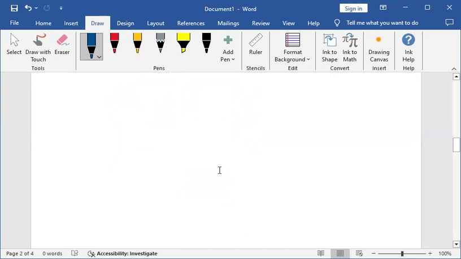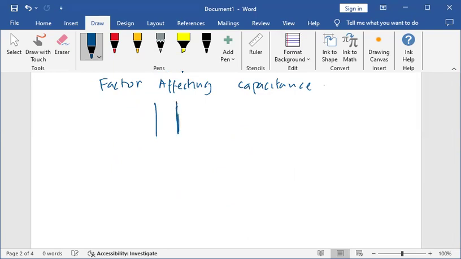In the equation, or the factors affecting capacitance, the metal plate has an area A and a separation distance L. This is the area of the metal plate. The metal plates have an area and have a distance, that is distance L and area A.